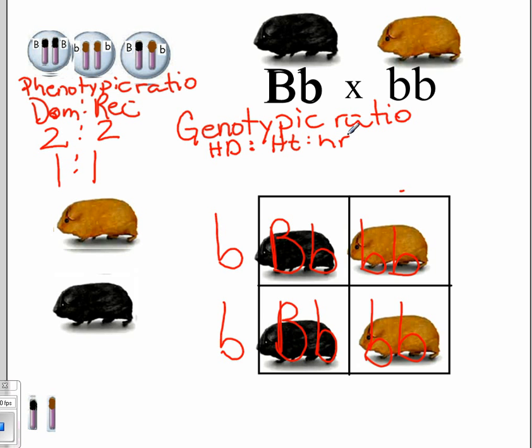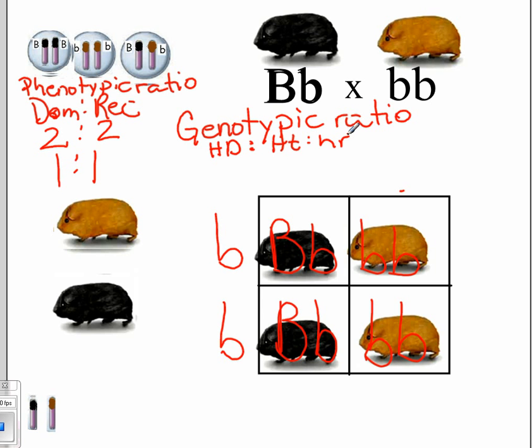I normally write it capital HD because homozygous dominant means 2 capitals. Heterozygous, capital H, small t, is 1 of each, lower and uppercase. And homozygous recessive, 2 lowercase.